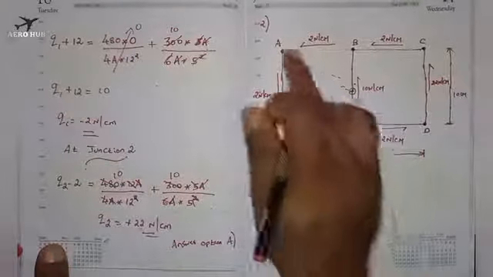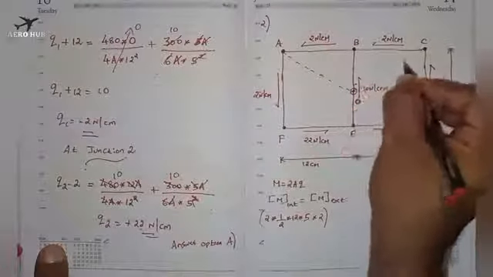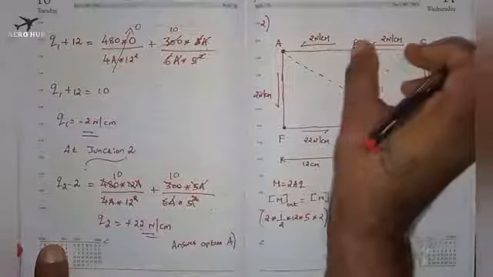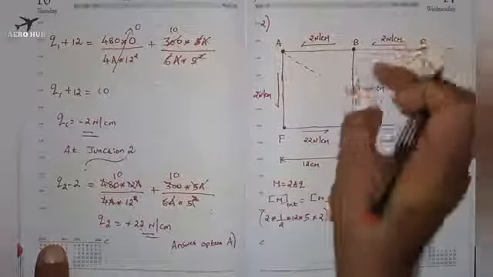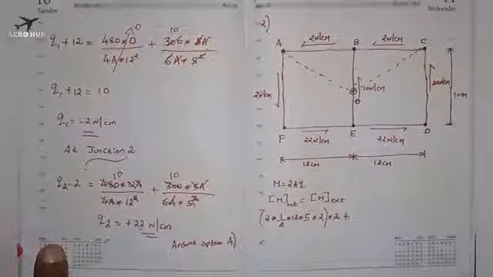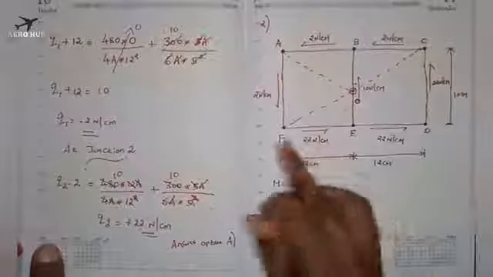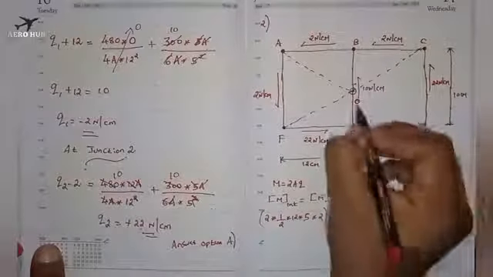And you can see that for this triangle, BC, we have the same shear flow and the same base and same height, so it will be into 2, plus we will go for the triangles EF and DE.